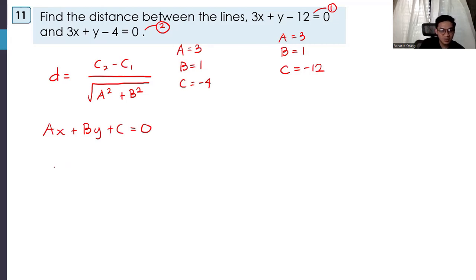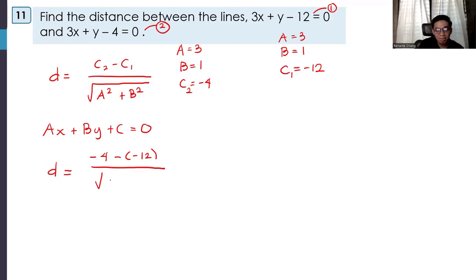So for this one, substitute natin lahat. D is equivalent to our, ito yung c1, ito yung c2. So c2 natin is negative 4, minus c1 natin is negative 12. Then that is all divided by the square root of 3 squared plus 1 squared.